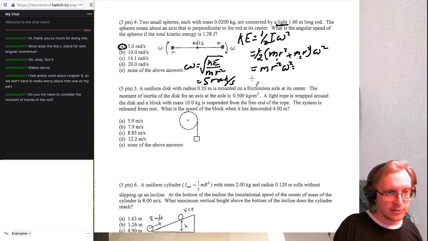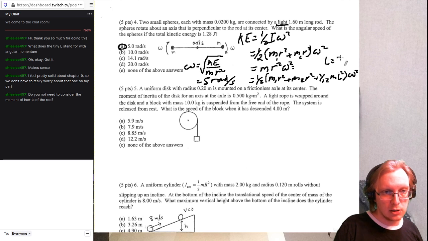If we were given a mass for that rod, then it would be 1/2 m1r squared plus m2r squared plus 1/12 ml squared omega squared, and L would be 2 r's.